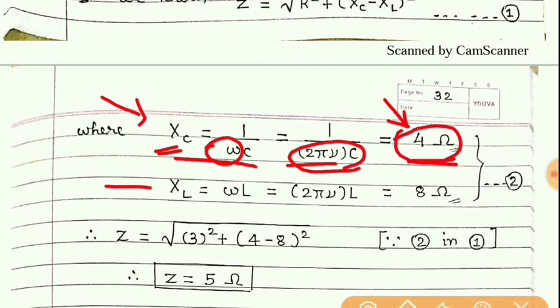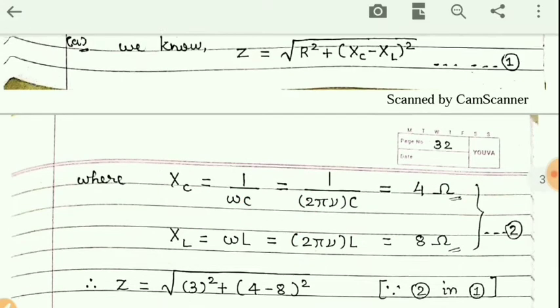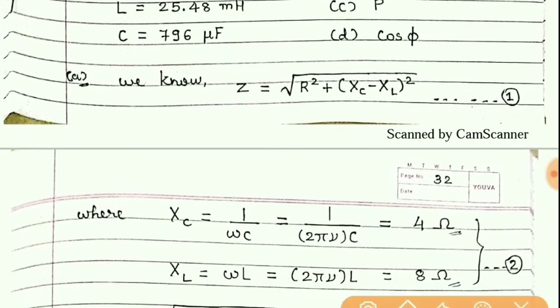Now XL, the inductive reactance, is equal to ωL. The value of ω is 2πν. Just put the given values and calculate. You will get this as approximately 8 ohm. So now we have obtained the values of Xc and XL. We will put those values here.